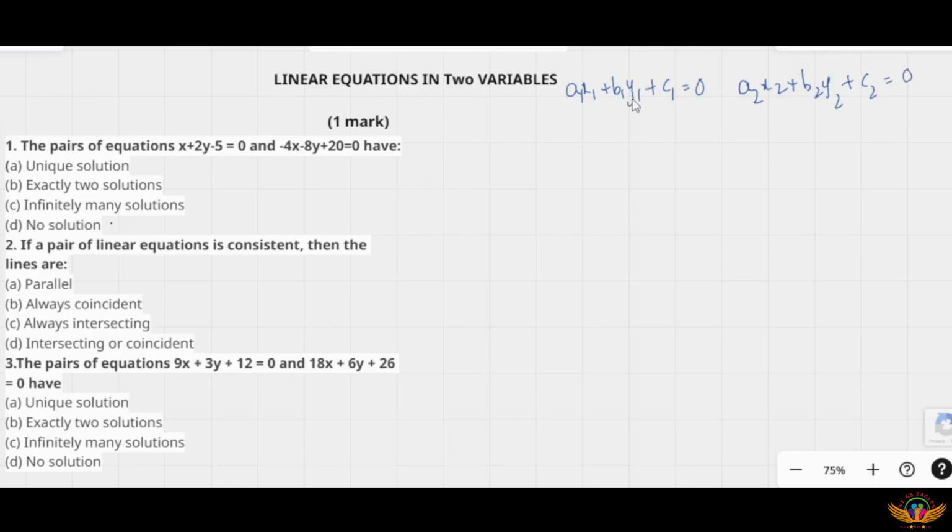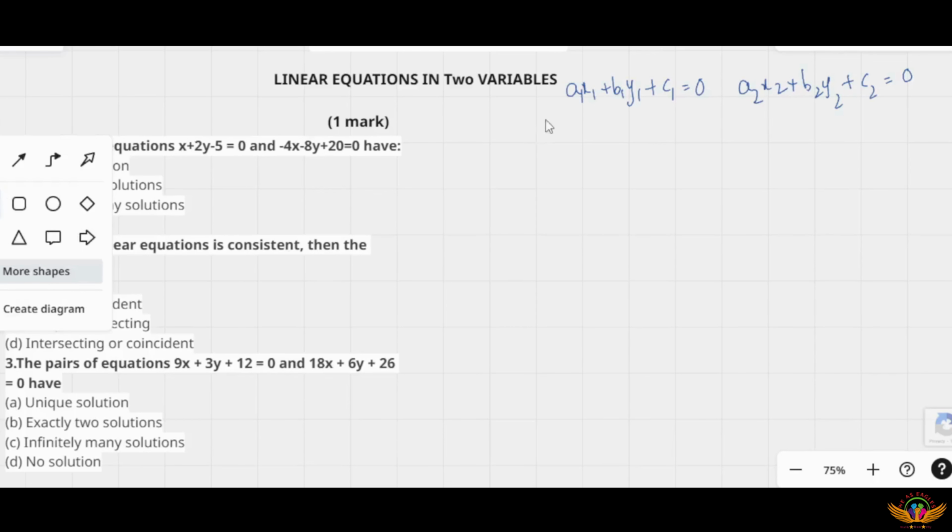So a1, b1, c1 are different coefficients and a2, b2, c2 are different coefficients. These a, b, c are the numbers and x, y are the variables. These are my two equations.